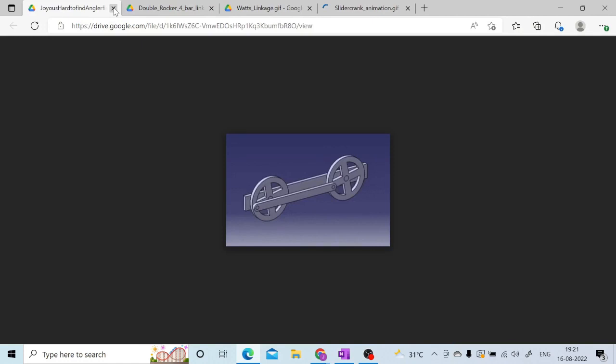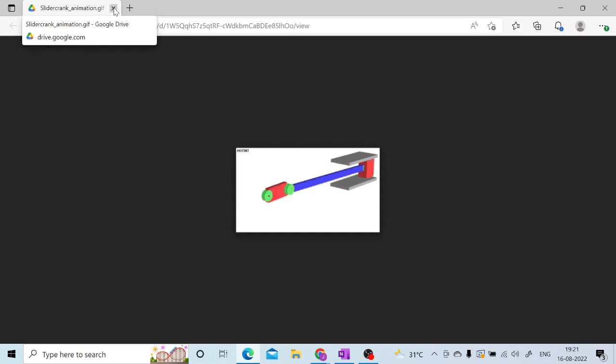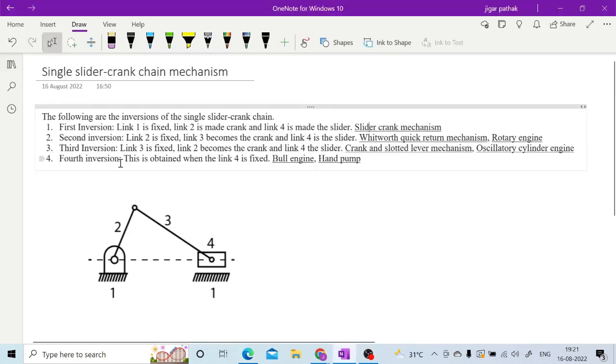I guess right now you can see this is the single slider crank chain mechanism, right? After that, for the second inversion, what you are doing is you are fixing link 2, which is the crank.